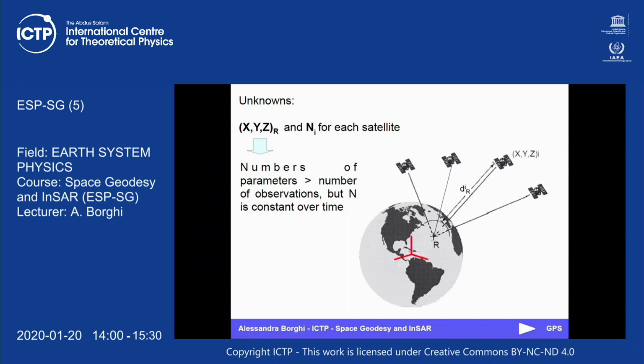Excuse me. Yes, sir. I'm not seeing where the 8 unknowns are. 8 unknowns, yes. These unknowns are X, Y, Z, the coordinates of the receiver, the synchronization error between receiver and satellite, and N1, N2, N3.